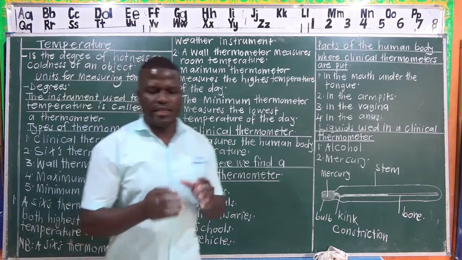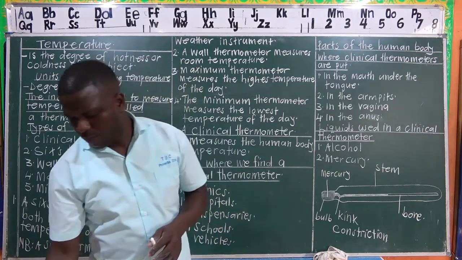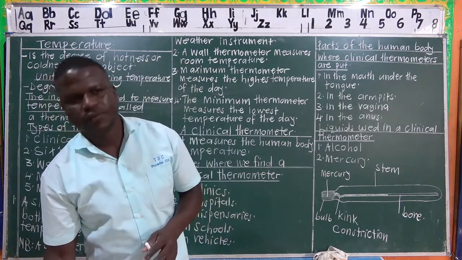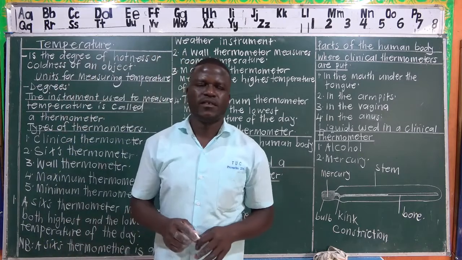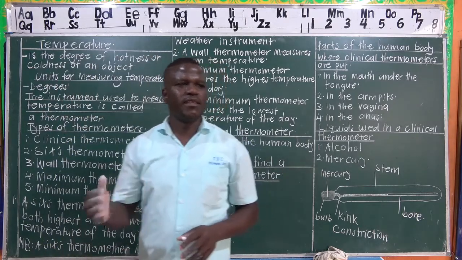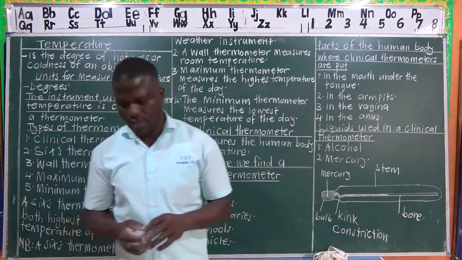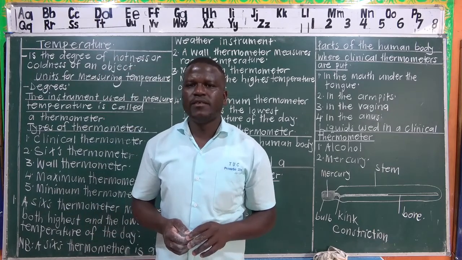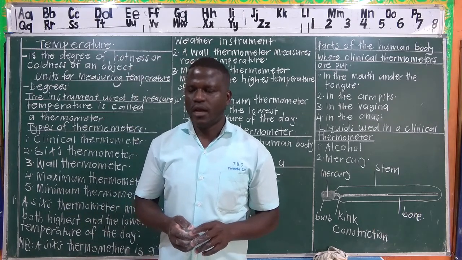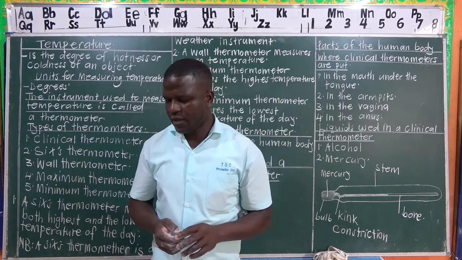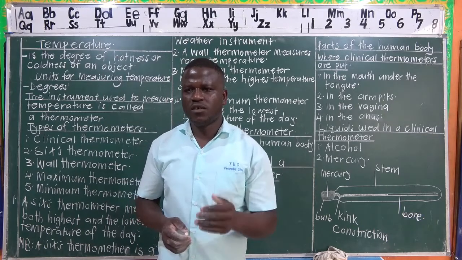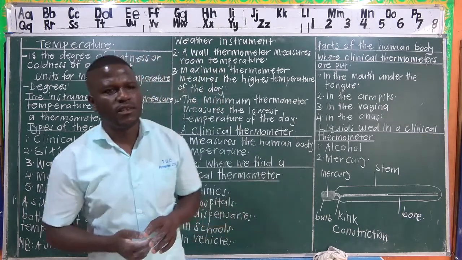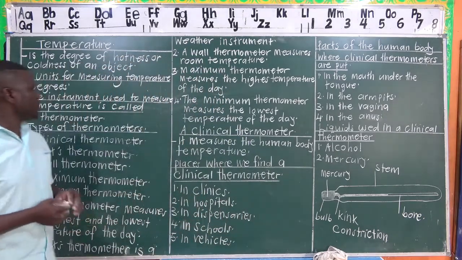When you talk about the degree, we simply mean how hot or cold something is. To what extent is that object hot, and to what extent is this object cold? That's what we mean by temperature.